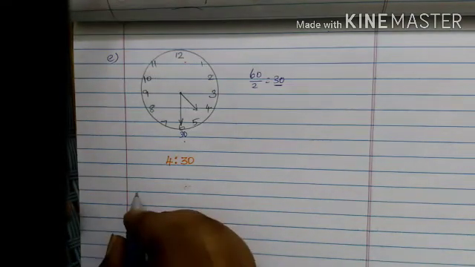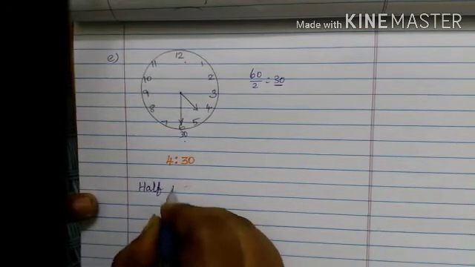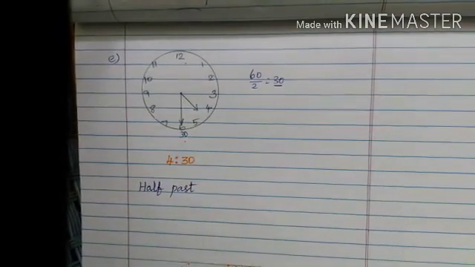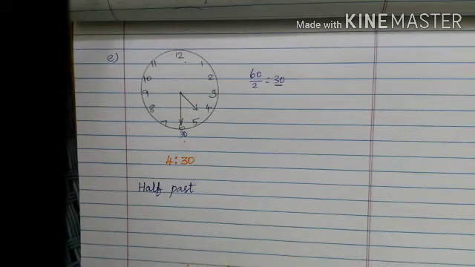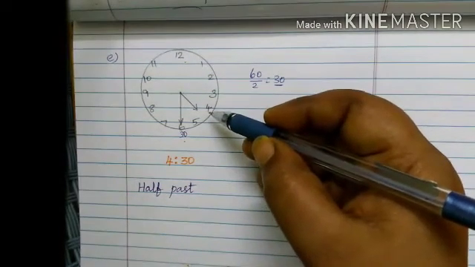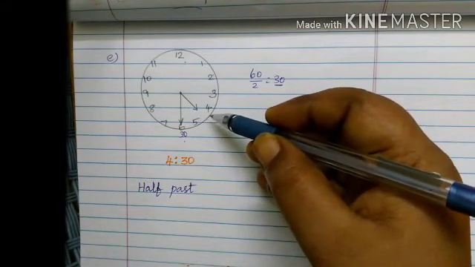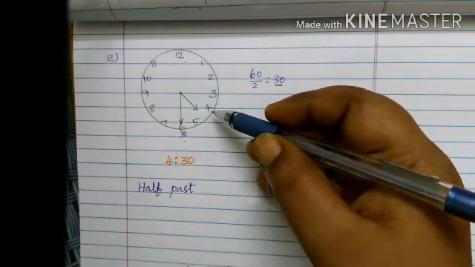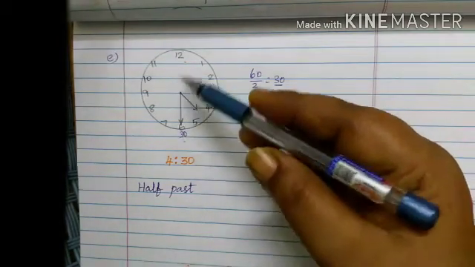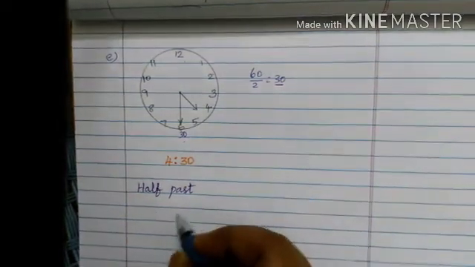Half past, H-A-L-F. Half past. So what is the time now? 4 o'clock half past, for half an hour. You say that word, half an hour. 4:30. So 4:30, or say half an hour more to reach 5 o'clock. That's why you say half past.